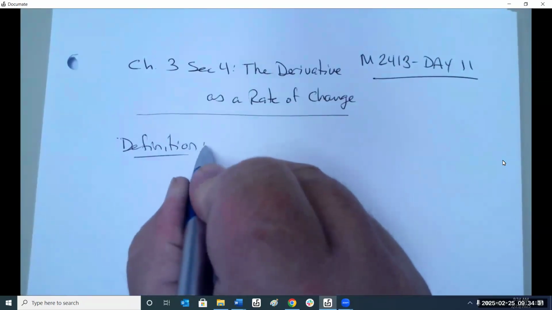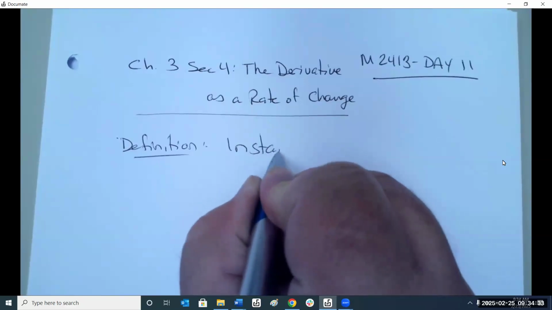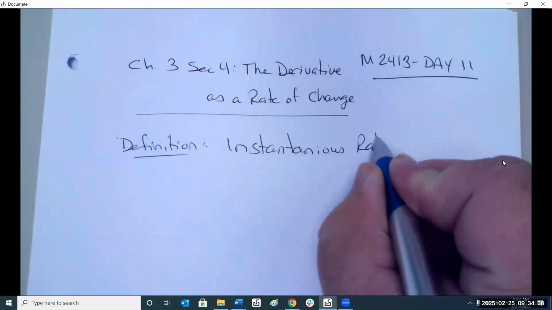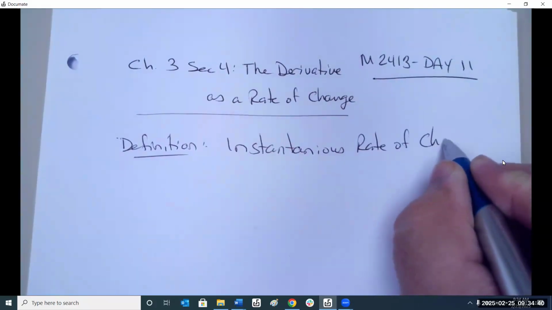The definition: instantaneous rate of change.